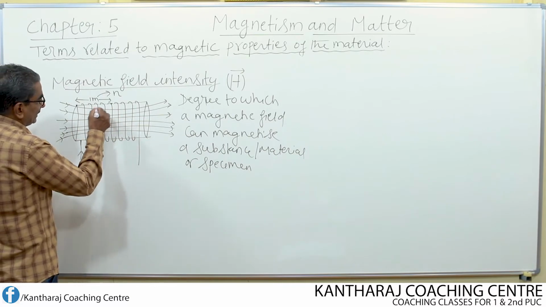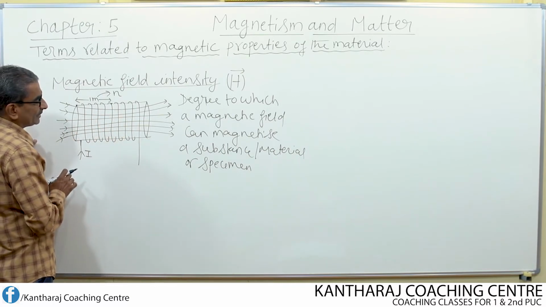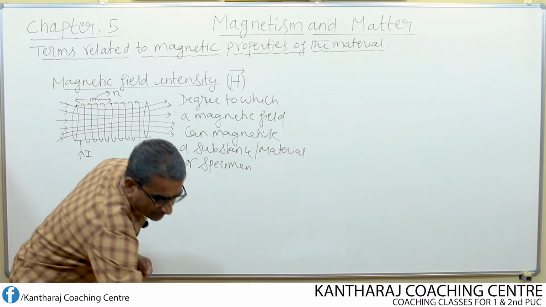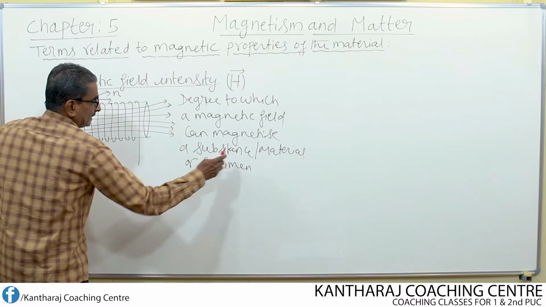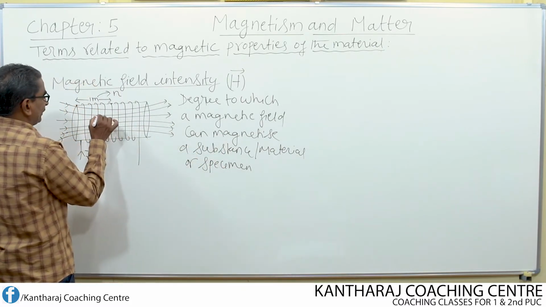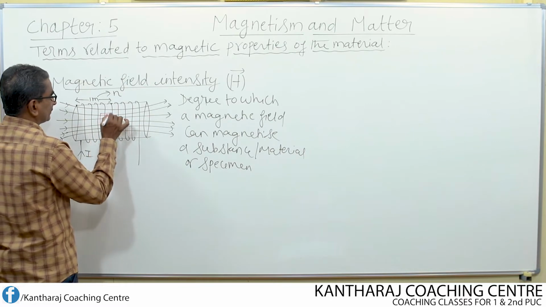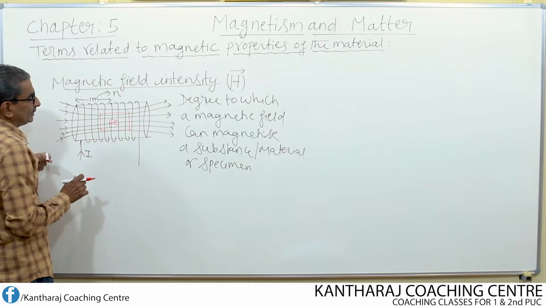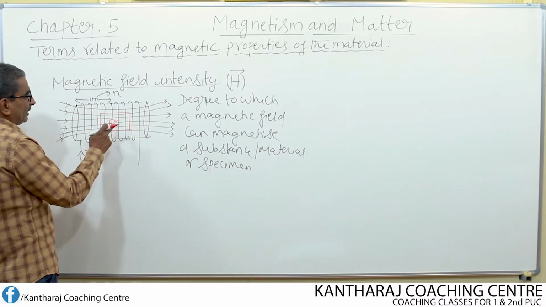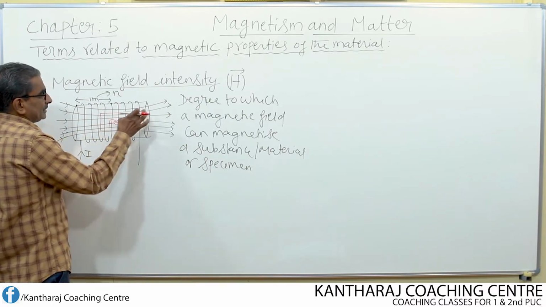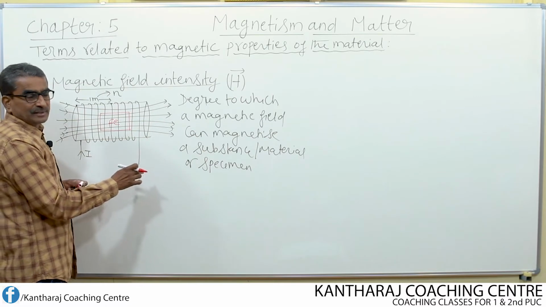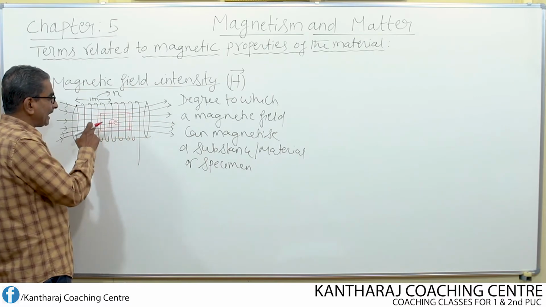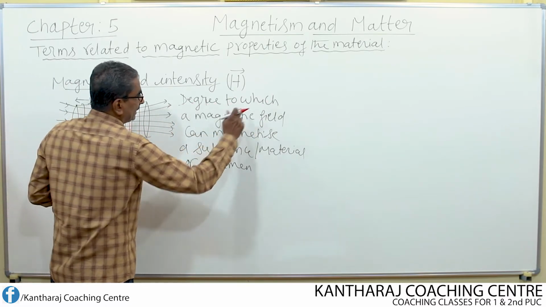Now look here, there is a magnetic field inside the solenoid. If I keep a specimen or a magnetic material, say for example an iron bar, to what extent or to what amount the magnetic field produced by the solenoid can magnetize this, that refers to degree.